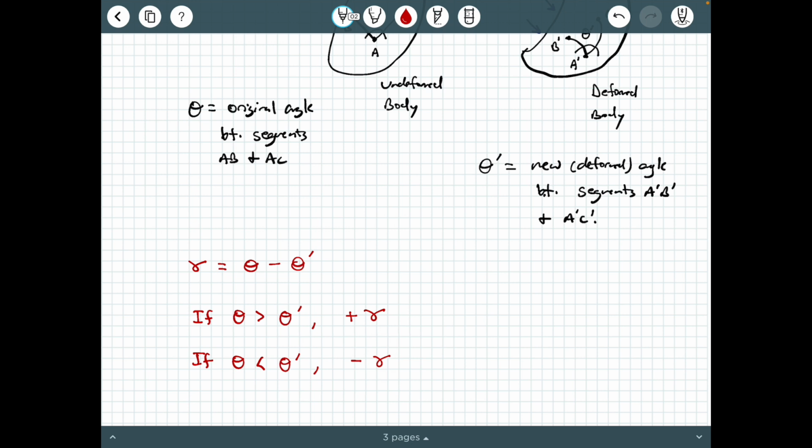That would mean that your new angle is bigger than your original angle, so you have kind of an expanse of the angle. Versus if your new angle is smaller than your original angle, you have kind of a compression effect or a condensing at that angle, at that spot.